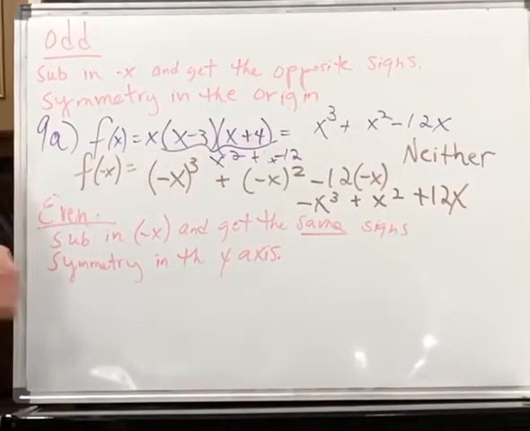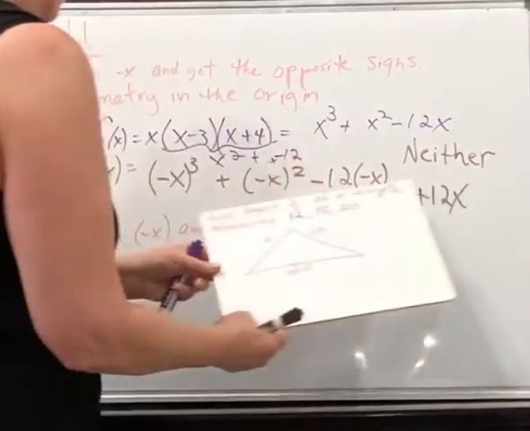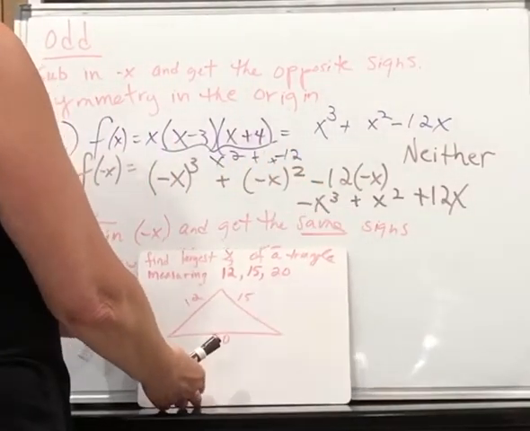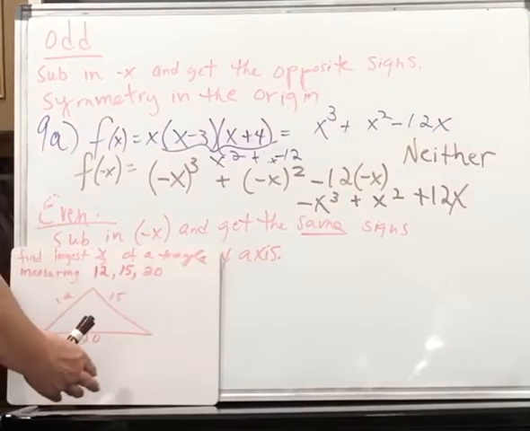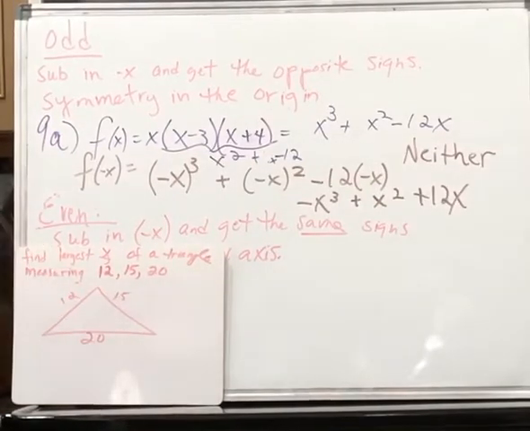Another topic that is on the rest of your review sheet is using the law of cosines. So I have this board here that has an example problem, something like some of the problems that are on your page. My example says, find the largest angle of a triangle that measures 12, 15, and 20 on the sides.